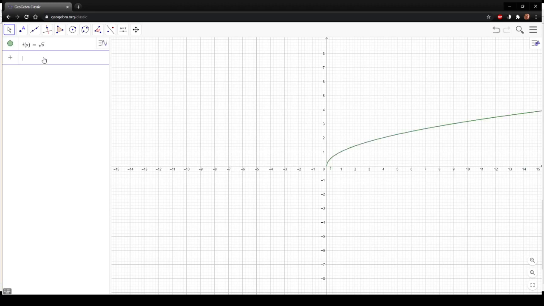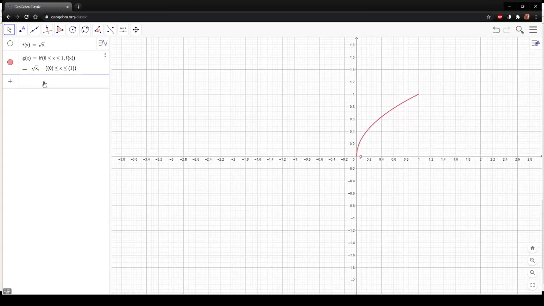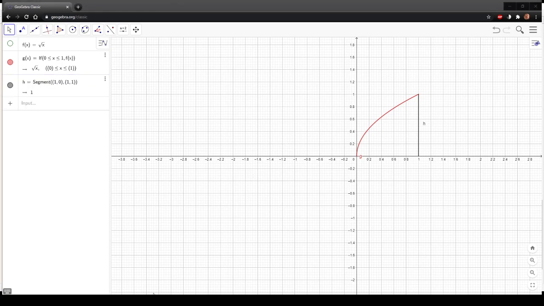So y equals root x from 0 to 1. Like so. Let's put a line segment here to sort of cut it off. So that's going to connect 1, 0 and 1, 1. And we are rotating this about the x-axis.